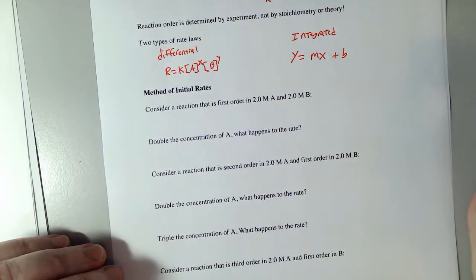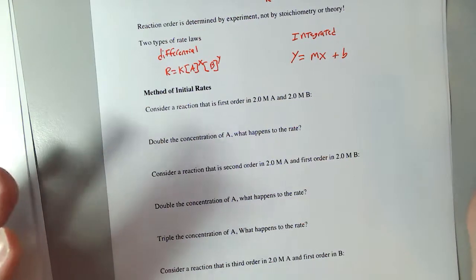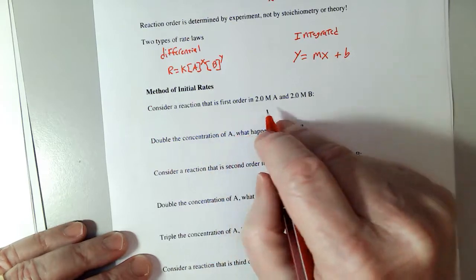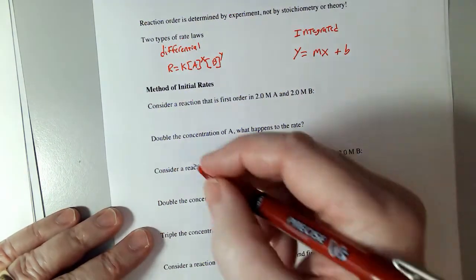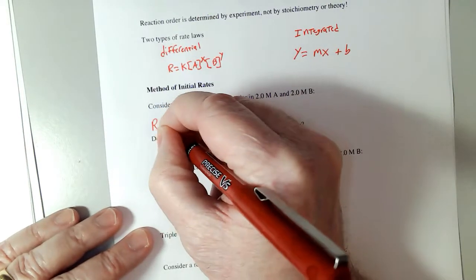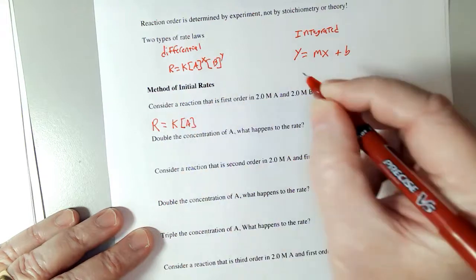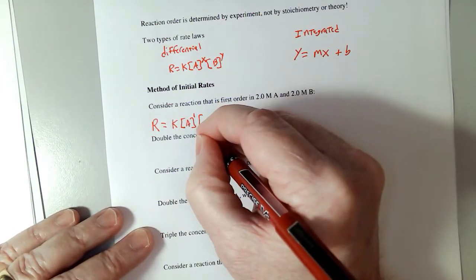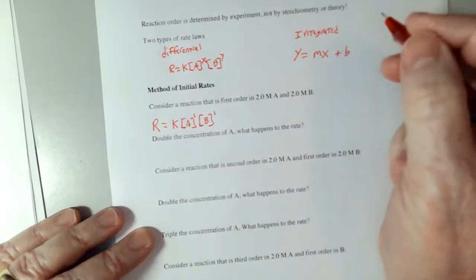Now, let's show you some examples of how rates change as concentrations change. So we're going to consider a rate. It's first order in 2 molar A and in 2 molar B. So when I write the rate law, R equals k times the concentration of A. Since it's first order in A, the exponent's a 1, and it's first order in B, the exponent for B is a 1.